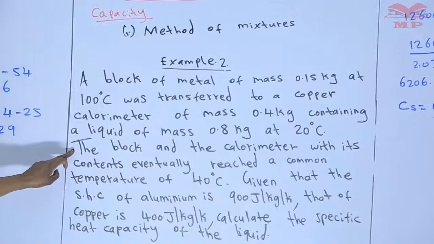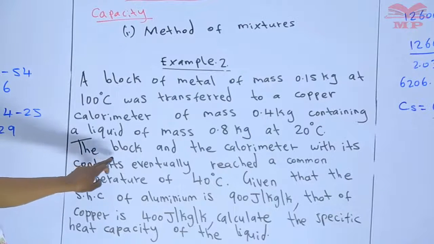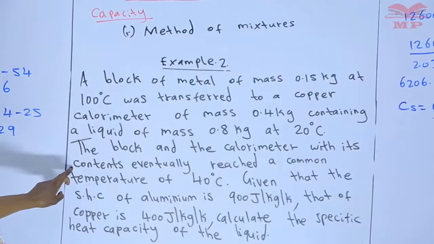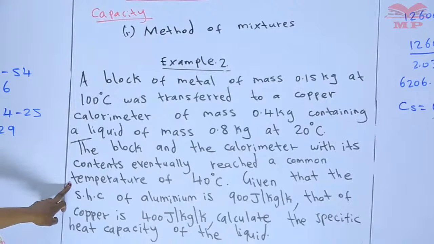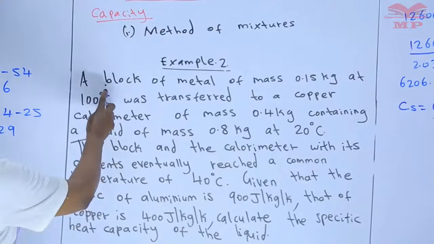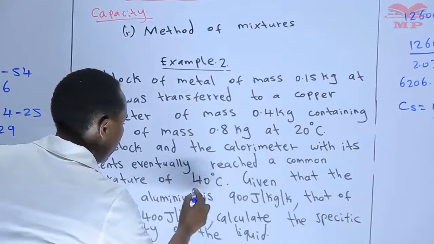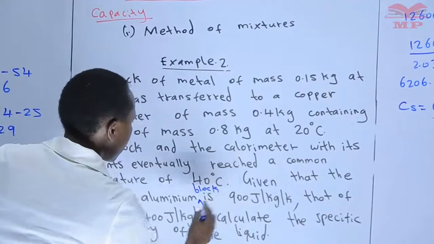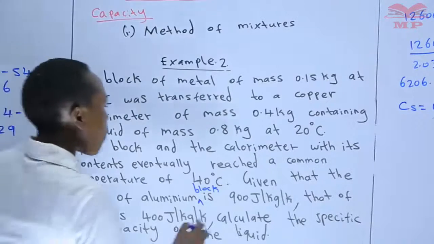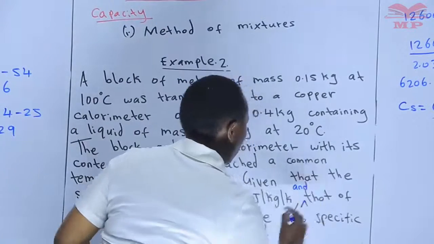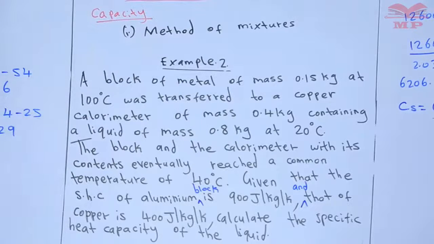Then we are told that the block and the calorimeter with its contents eventually reached a common temperature of 40 degrees Celsius. We are given the specific heat capacity of the aluminium block. So our block here is aluminium. This aluminium block is 900 joules per kilogram per Kelvin, and that of copper is 400 joules per kilogram per Kelvin. Calculate the specific heat capacity of the liquid.